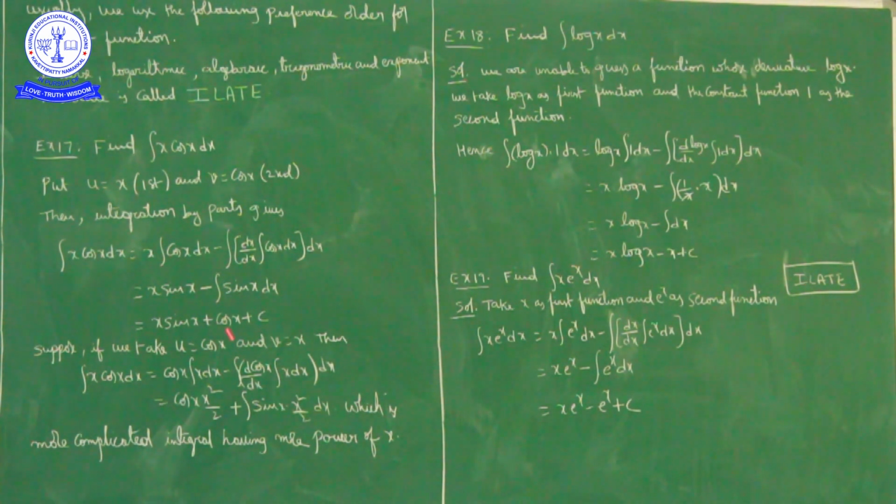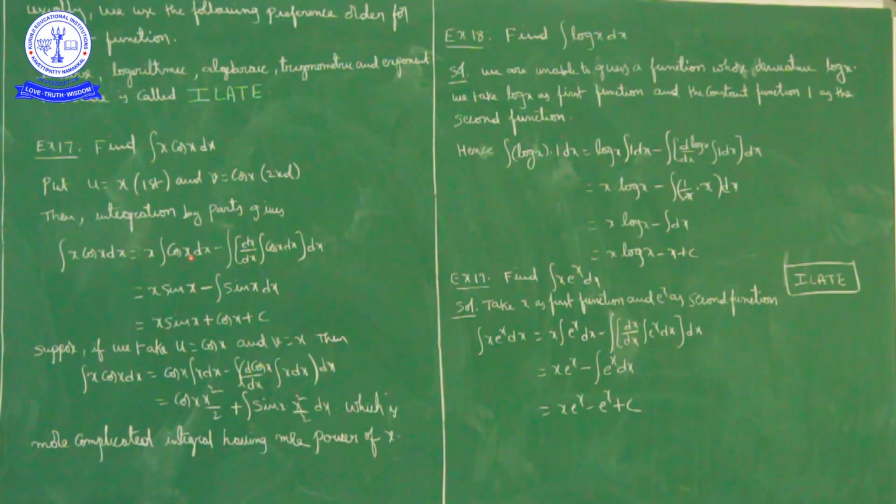So to find integral of x cos x dx, algebraic as first function and trigonometric as second function. What will we get? Integral of x cos x dx equals first function into integral of second function minus integral of derivative of first function into integral of second function dx. So x into cos x integration sin x minus integral of dx by dx is 1 and integral of cos x is sin x.